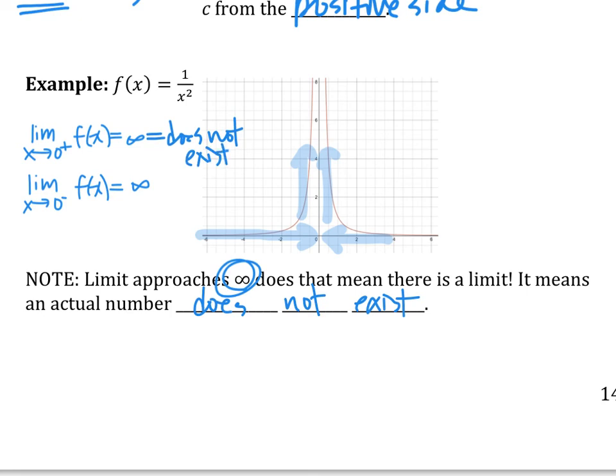On the test and things like that, you can put both, and it's understood that when you say infinity, it just means the limit does not exist. But try to just remember that both of them mean the same thing.